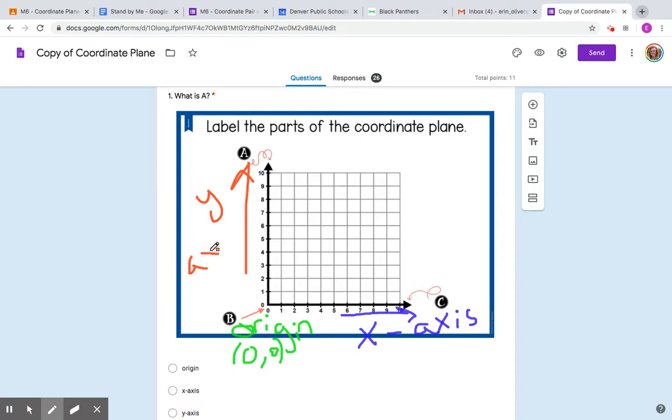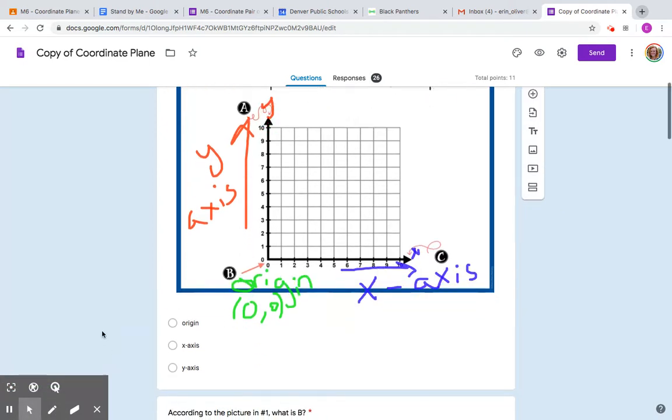And normally x and y's are labeled at the end, but this graphic is pointing to the number line, the arrow. So let's take a look.